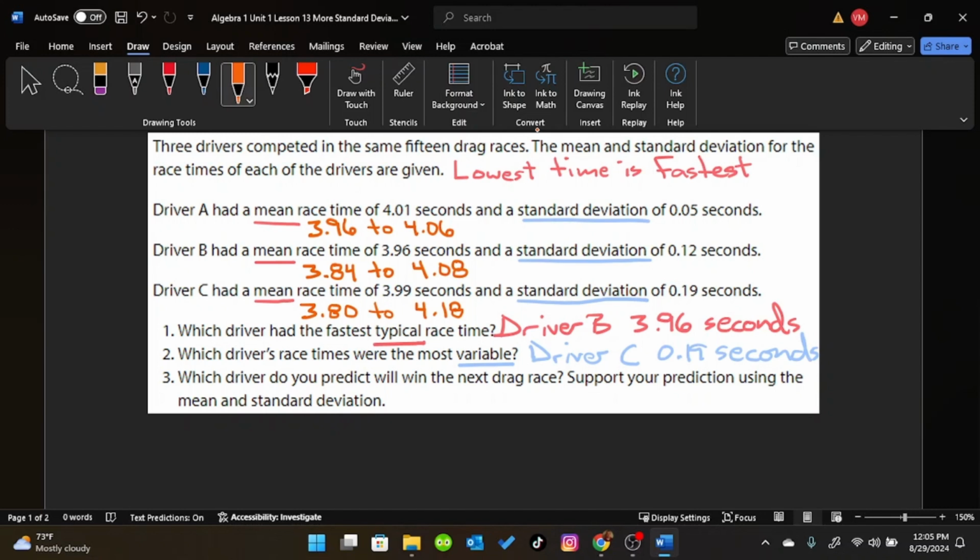So you can answer this any way you want. I would predict the more consistent driver to win. So I'm going to choose driver A, because they're consistent.